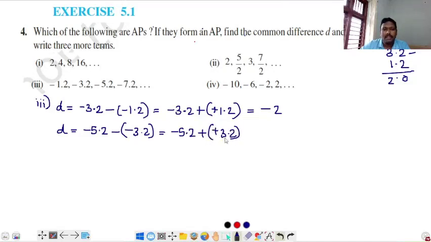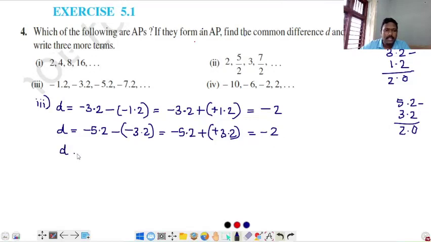Here also we find the difference and the bigger number's sign, that is 5.2 minus 3.2, because positive and negative you have to take the difference. 2 minus 2 is 0, 5 minus 3 is 2. So we got that also, bigger number's sign minus, so minus 2.